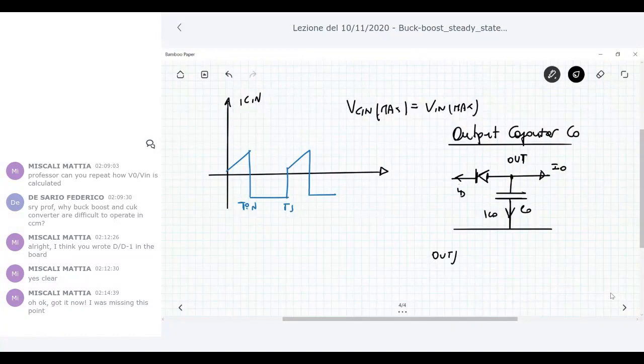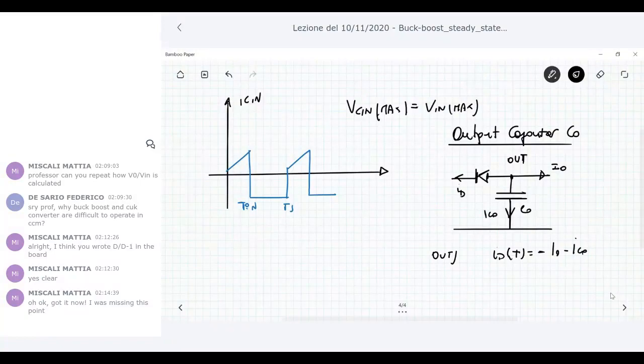Again, you have the Kirchhoff current law, so we have that ID of t is negative I naught minus I C naught.